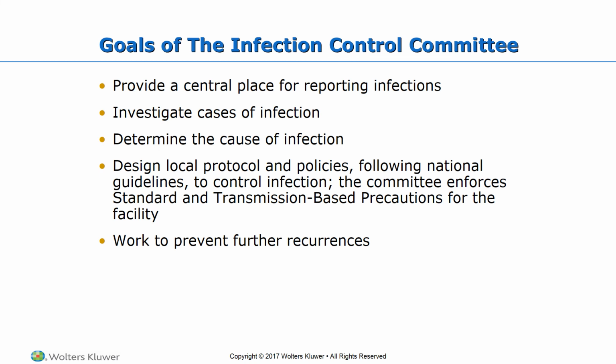And in those, you might have different wings and different floors. And they all begin to develop their own little specialty. And information tends to silo in those areas, right? Because they're all busy taking care of their patients. So at the Infection Control Committee, there's a central point to report infections that develop.